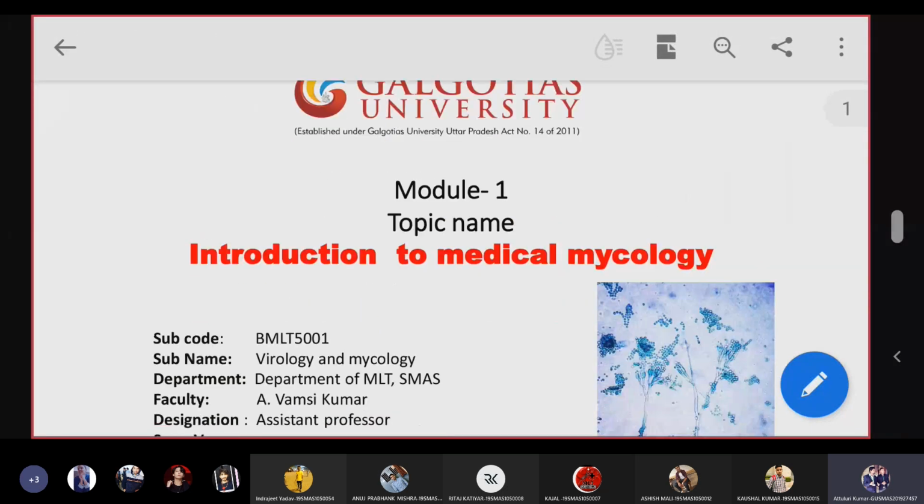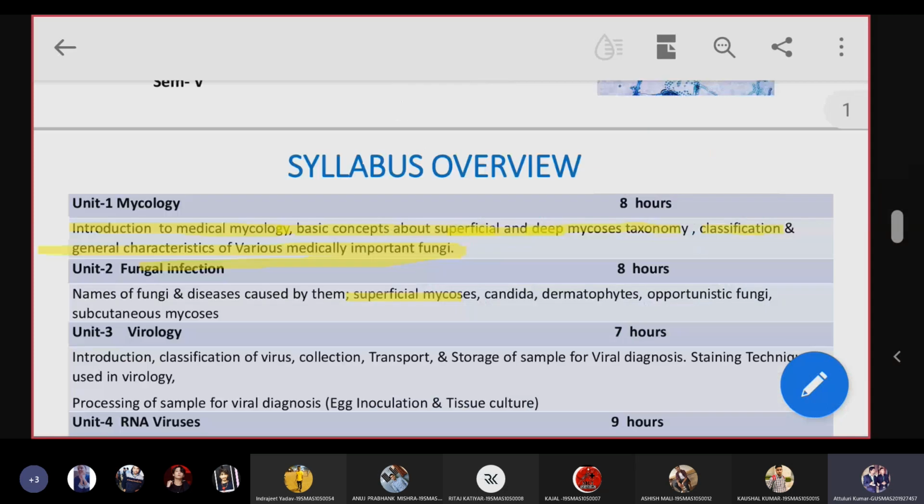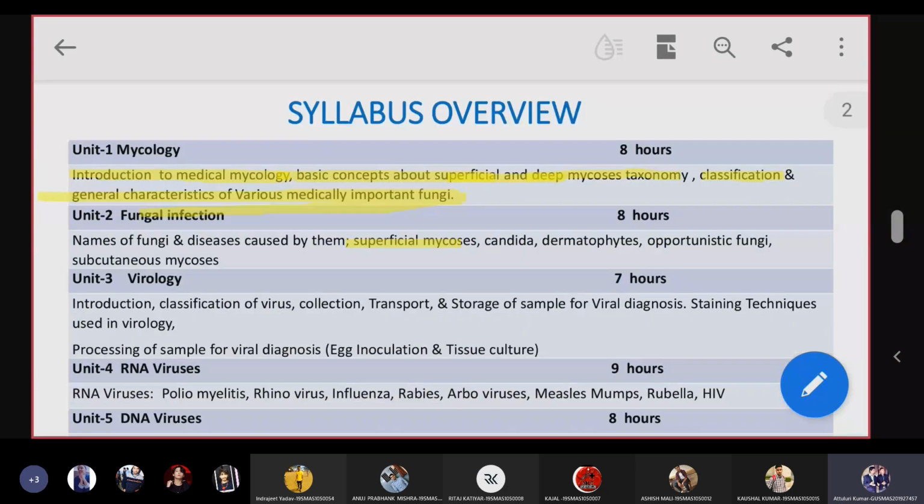So coming to the point, the subject is virology and mycology, and the subject code is BMLT 5001. Here we have introduction to mycology in unit 1, and in unit 2 we have individual fungal diseases.